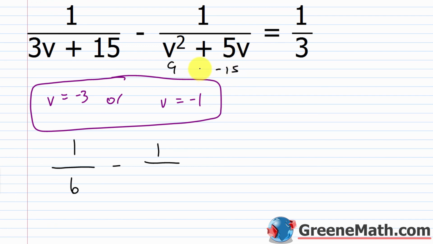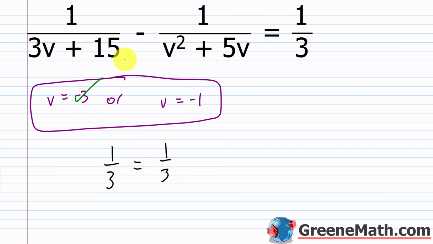So 9 minus 15 would be negative 6. So this would be minus a negative 1/6. So this is plus positive 1/6. So essentially we could write this as 2 over 6, which is 1/3. So this is 1/3. And this says 1/3 over here. So this one checks out. This is good to go.